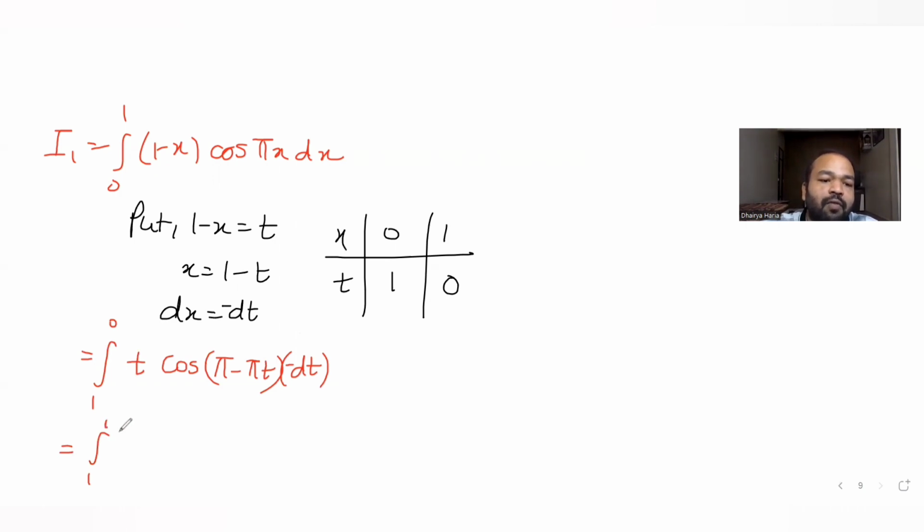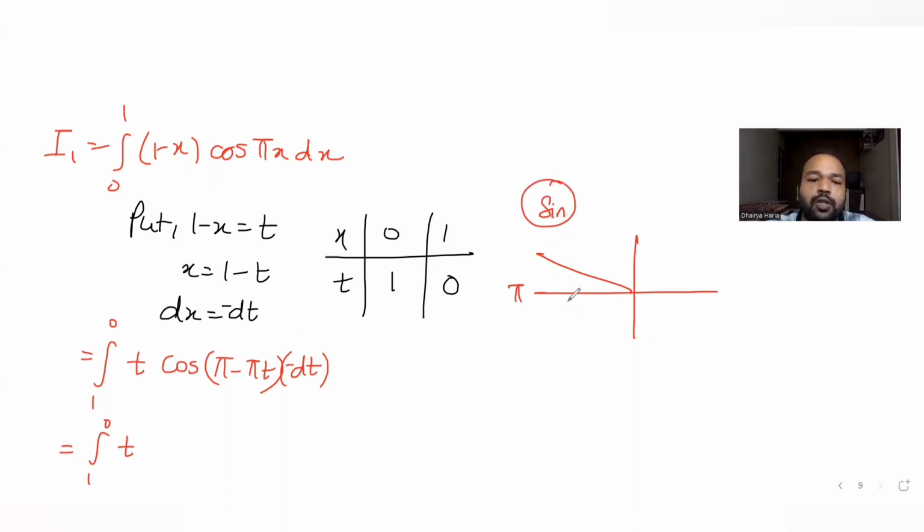So you get, from 1 to 0, t cos of 180 minus theta. We know 180 minus theta means pi minus theta. It is in the second quadrant, and in the second quadrant cos is not positive, so it's negative. So you get t times minus cos of pi t, and with the minus, minus into minus turns plus.